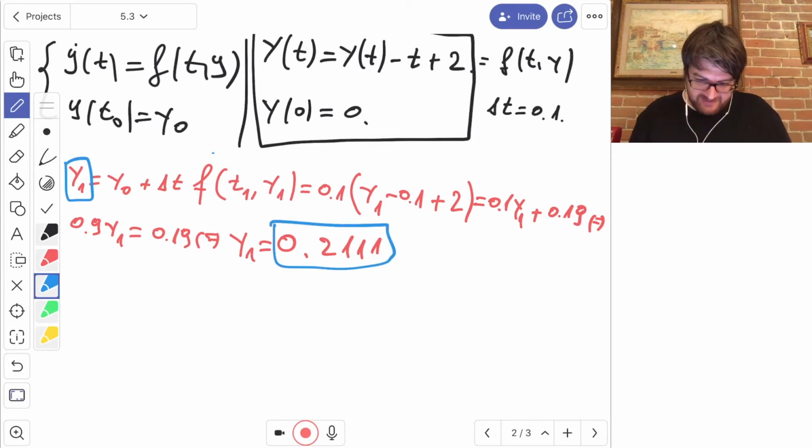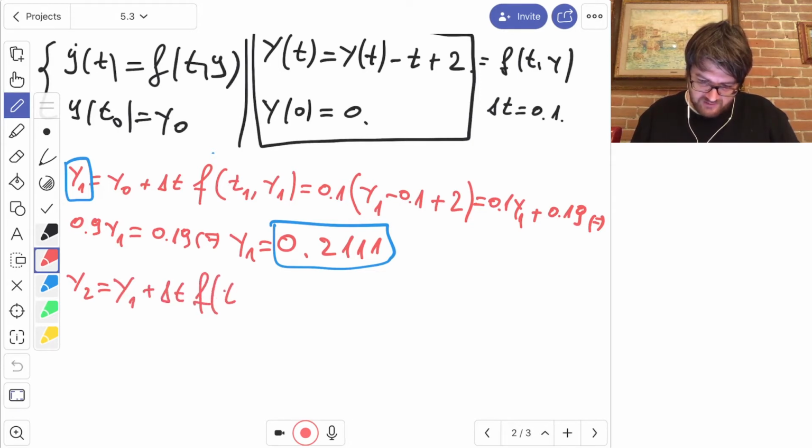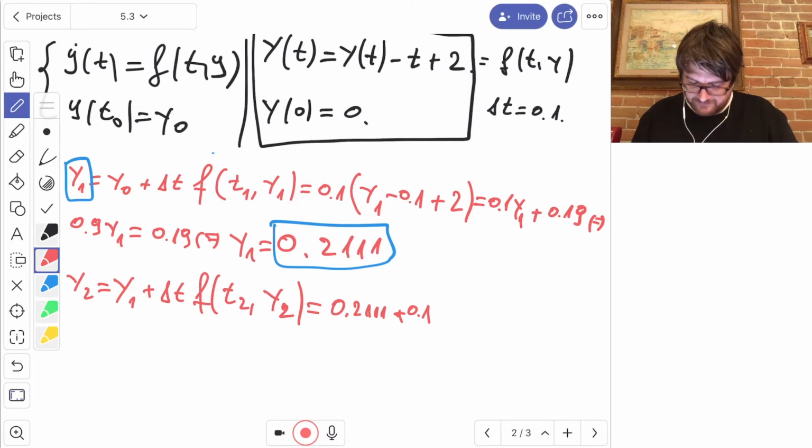All right, let's now go to y2. Did I do 3 here? Yeah, I did 3 here. y2 is going to be equal to y1 plus delta t f of t2 and y2. So y1 is 0.2111 plus 0.1 times y2, we don't know, minus t2, which is 0.2, plus 2.